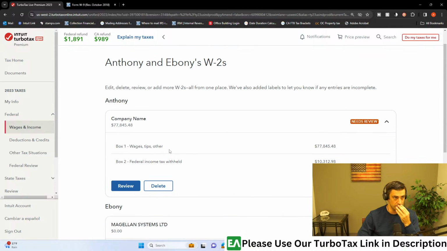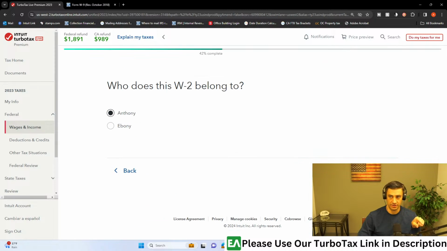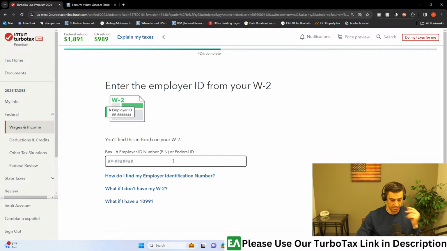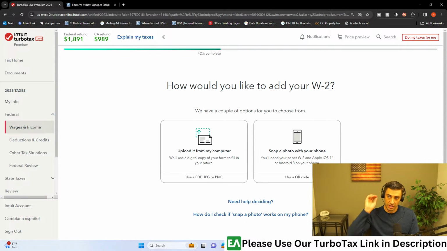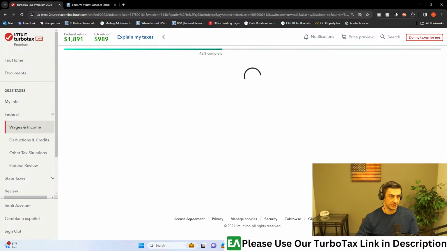So yeah, you have to put in the W-2 here. I'm going to add a W-2, because I'll have to add it and then take it out. I'll have to match this. I'm just going to start putting some bogus numbers in to help you out. Type it in myself.